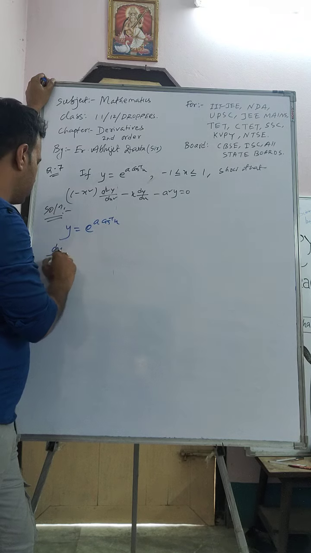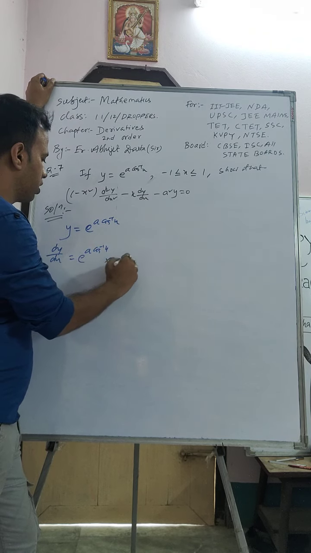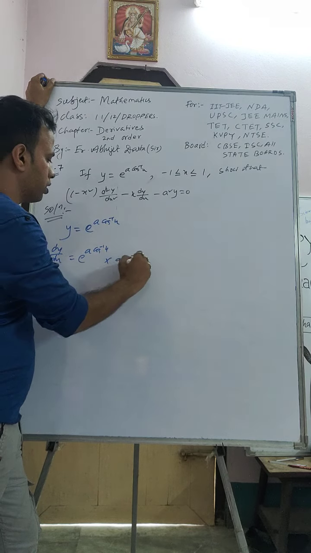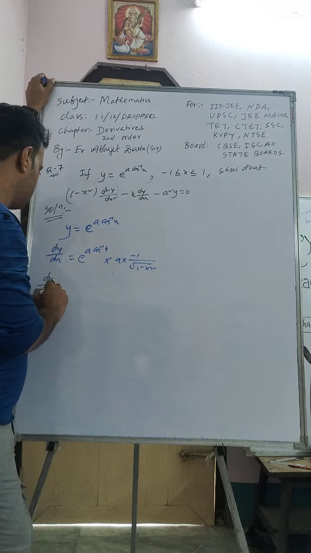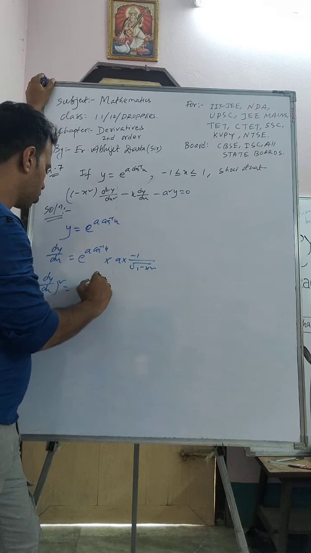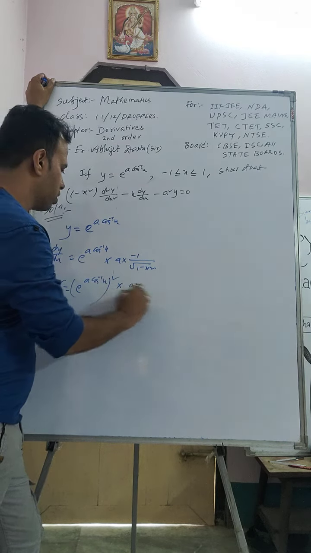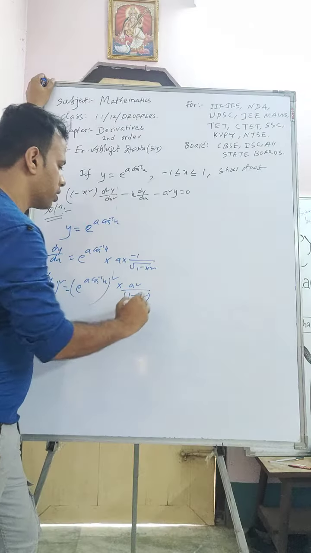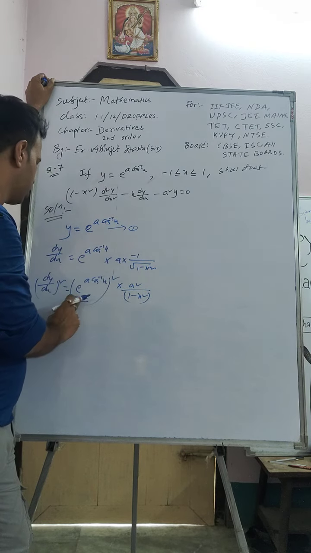So dy dx will be e to the power a cos inverse x, into a, into d dx of cos inverse x, which is minus 1 over root of 1 minus x square. Now squaring both sides, it will be a square into e to the power a cos inverse x whole square, over 1 minus x square, and this part we can replace by y.